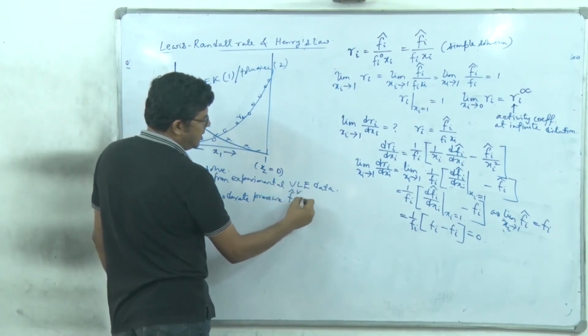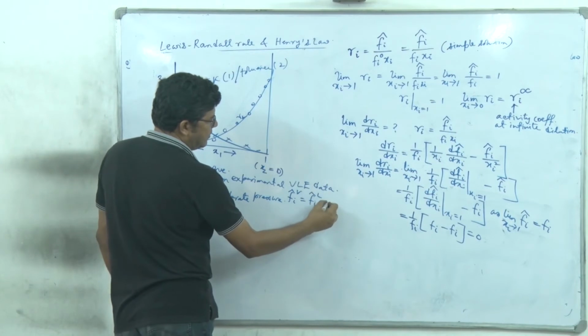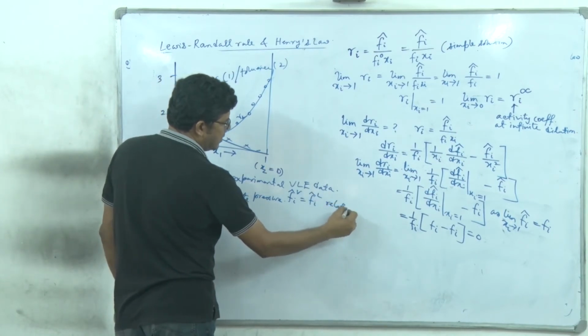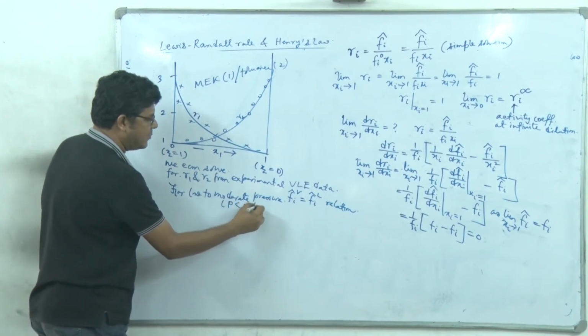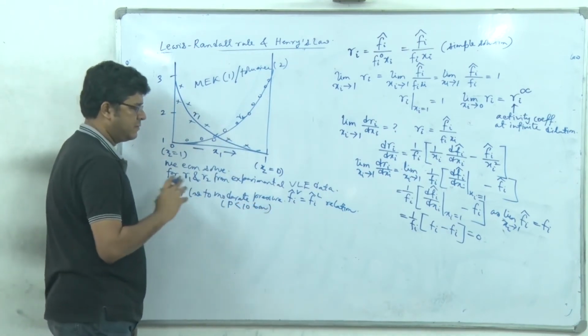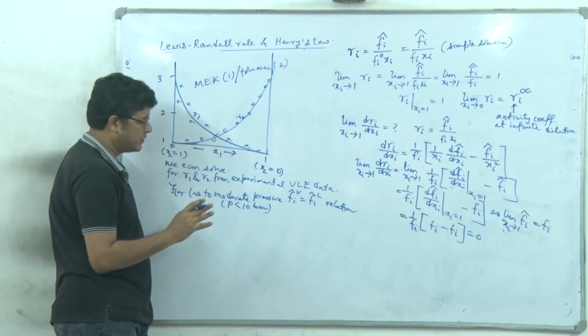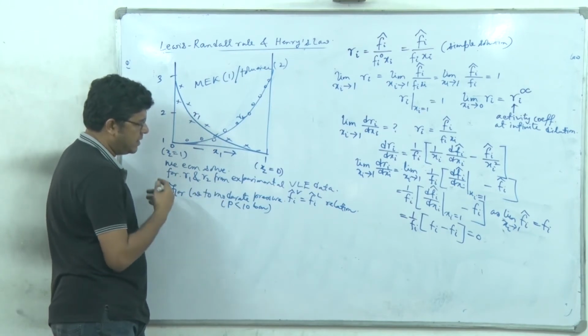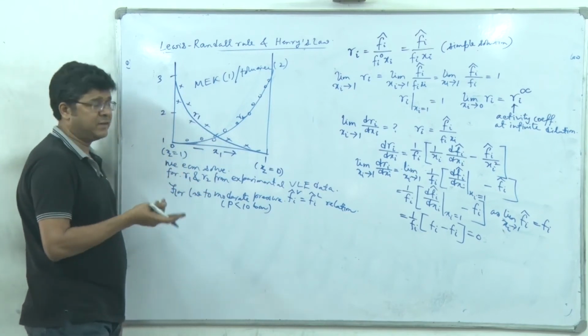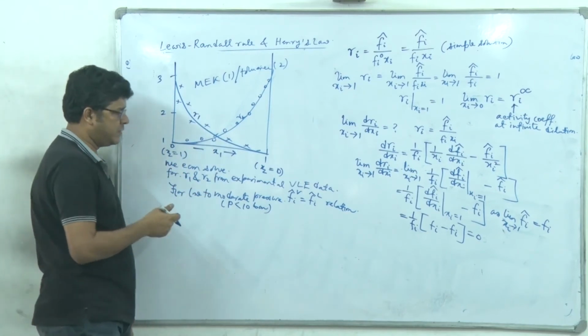Phi cap V is equal to phi cap L relation. Low to moderate pressure means pressure less than 10 bar, which is being satisfied for most of the process plant systems, right? Rarely do we go for distillation above 10 bar pressure.